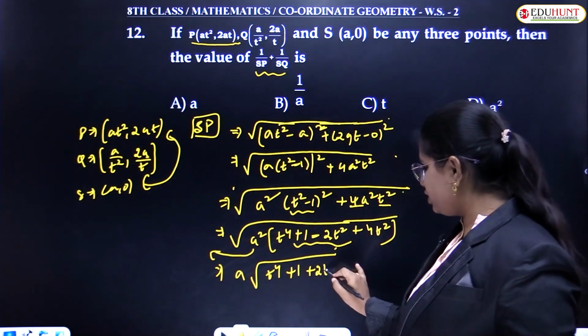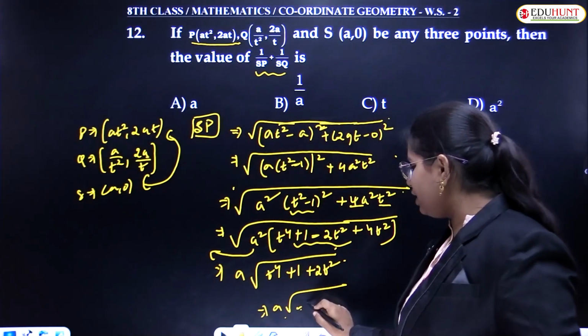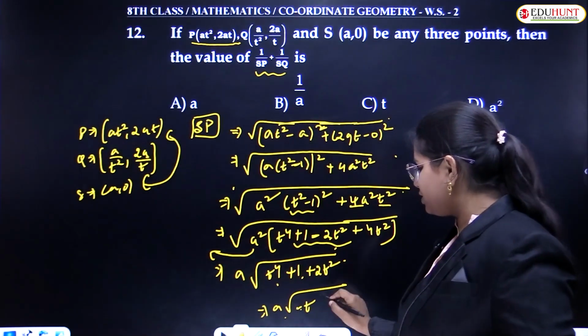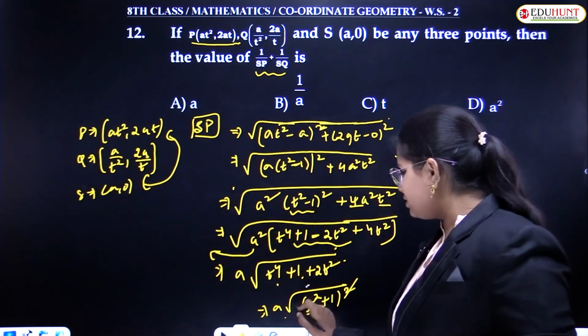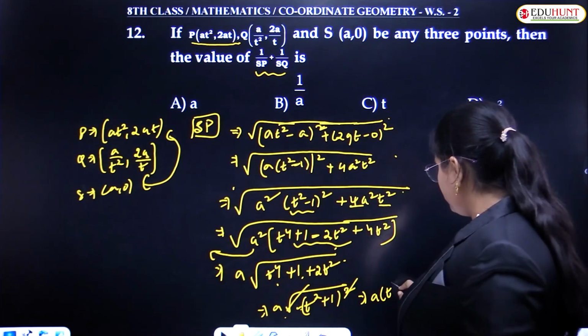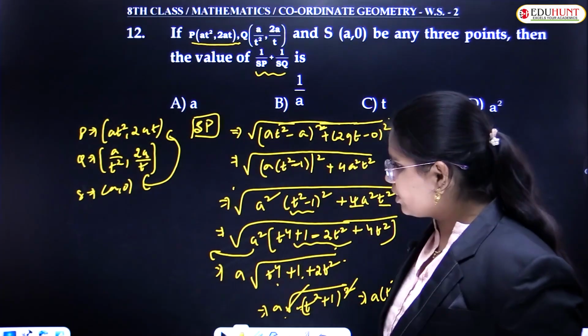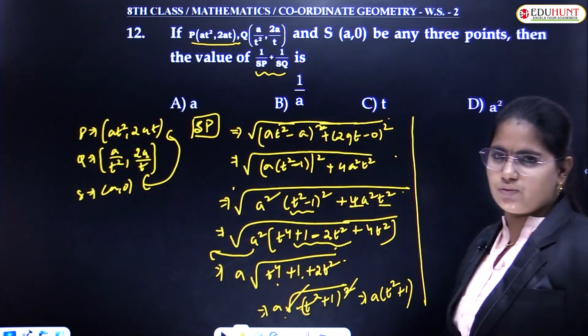It is plus 2t square. So a into, you can write it like a square plus b square plus 2ab, which is (t square plus 1) whole square. Cancel square and root on both sides. What will be left over? A into t square plus 1. That is the value of SP, a into t square plus 1.